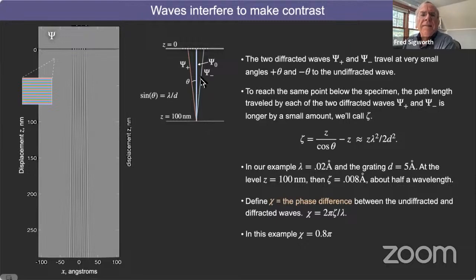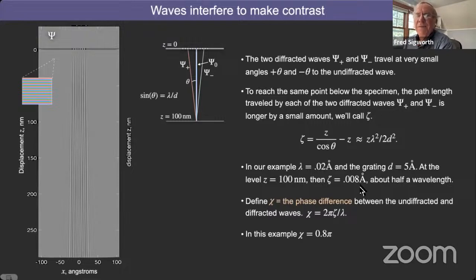So the point here is that the diffracted waves have a different path length. The path length is longer by a small amount, which we'll call zeta. And here's a formula for it. And here's an example. If we're using 300 keV electrons, and the grating is 5 angstroms, and if we sit here at 100 nanometers below the specimen, then the difference in path lengths is 0.8 picometers.